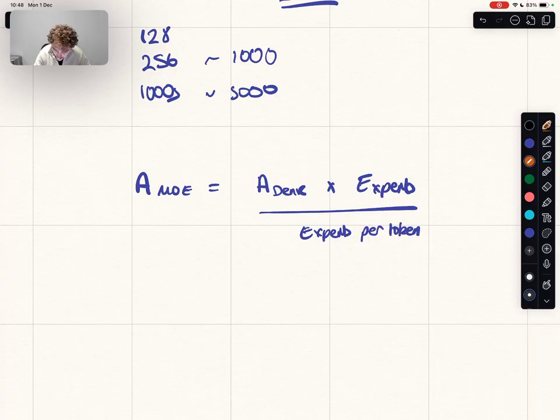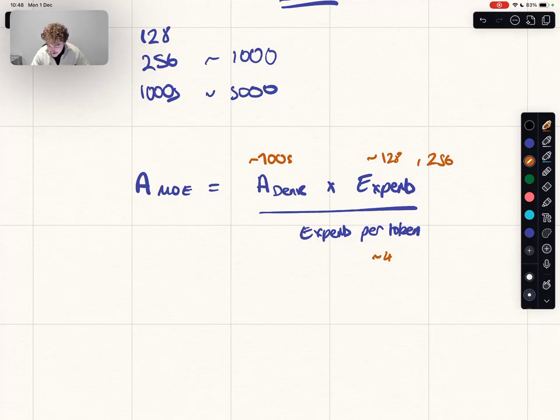And so we already said that this tends to be a few hundreds. And then for open source MOE models, this might be something like 128, and this might be something like 4. This could be even higher, it could be 256, and so on.